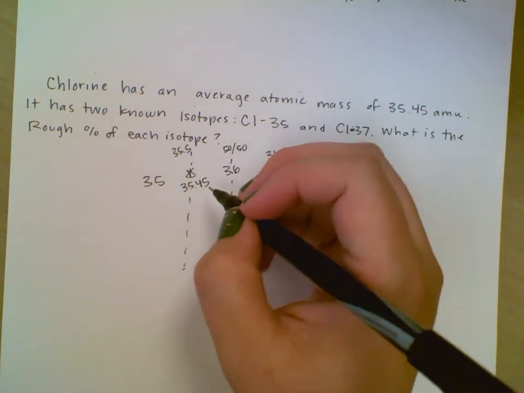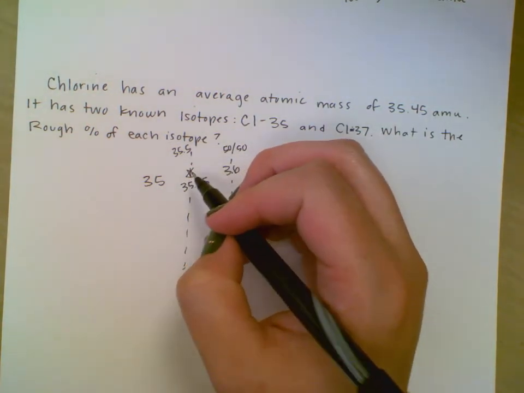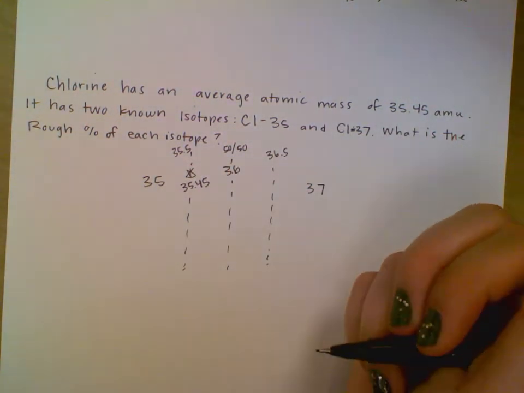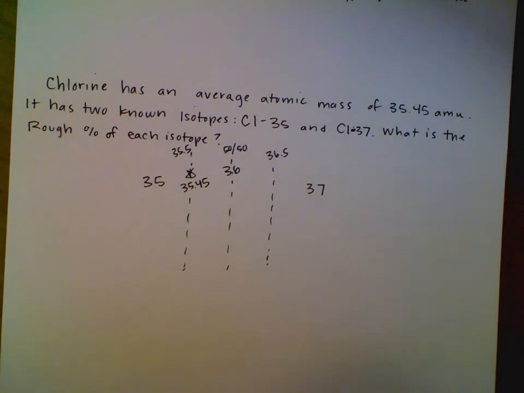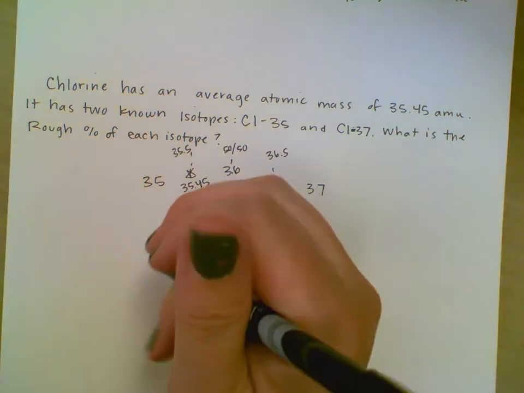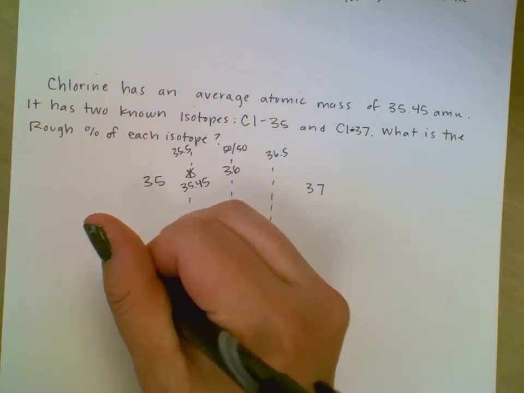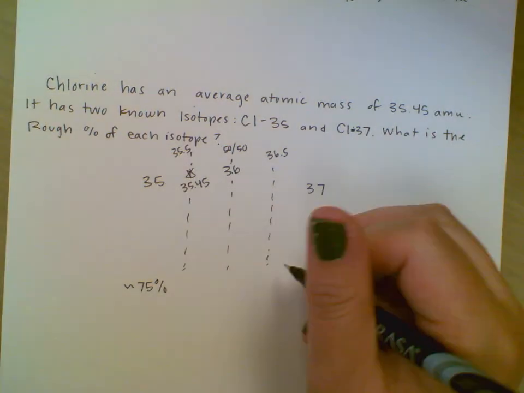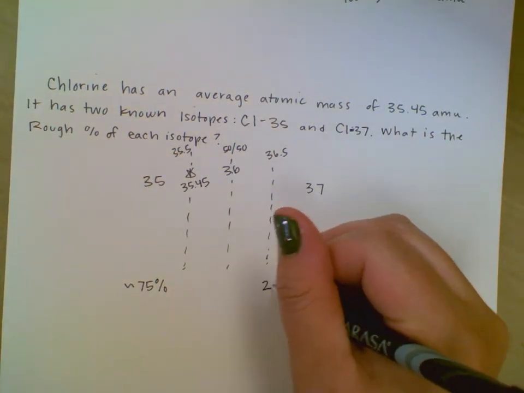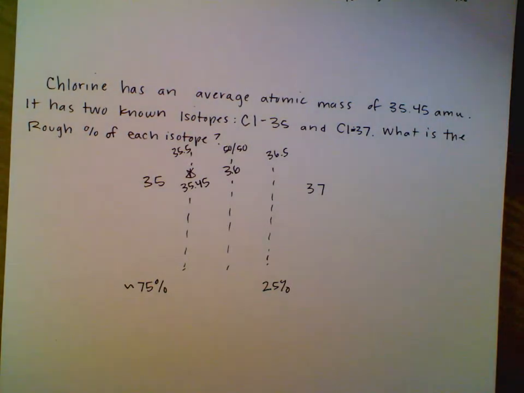So what this means is that there is an extra 25% of the 35 isotope, and then a fewer 25% of 37. So what that means is my sample is approximately 75% chlorine 35, and then approximately 25% chlorine 37.